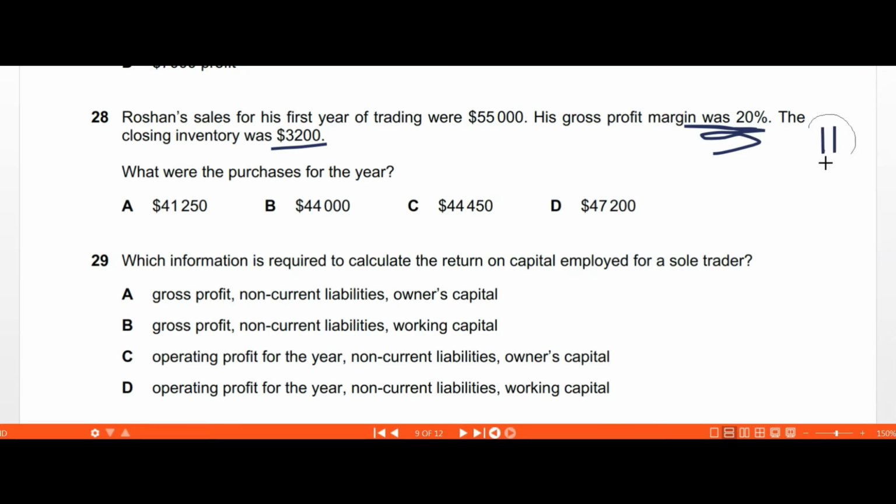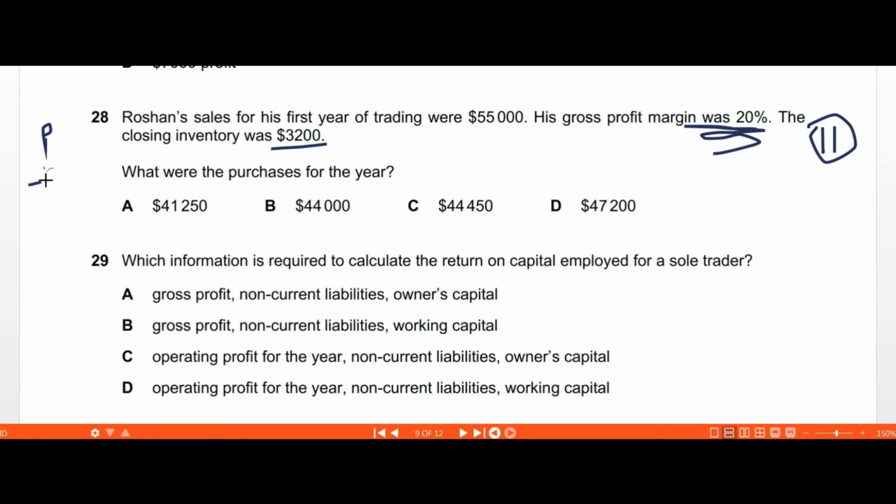Now we know that the gross profit is 11,000. So if the gross profit is 11,000, that means the cost of sales that was deducted from the sales of 55,000 was actually 44,000. That gave us a profit of 11,000. So the cost of sales was 44,000. We know that cost of sales is opening inventory plus purchases less closing inventory.